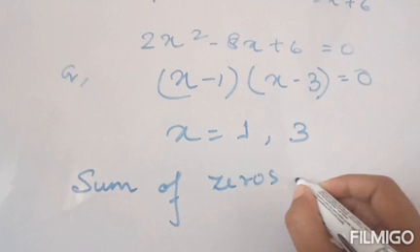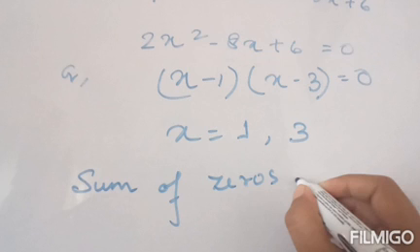In both cases, a will be part of the denominator, right? So minus b by a and c by a. This is known as the sum of the zeros and the product of the zeros. And what are a, b, c? a is the coefficient of x square, b is the coefficient of x, and c is the constant term.